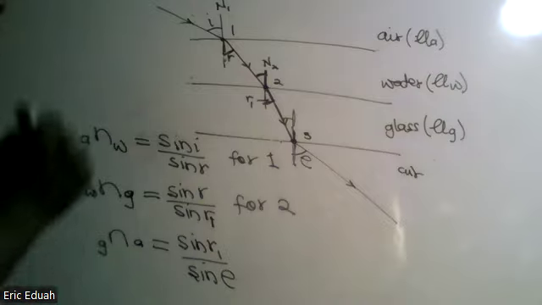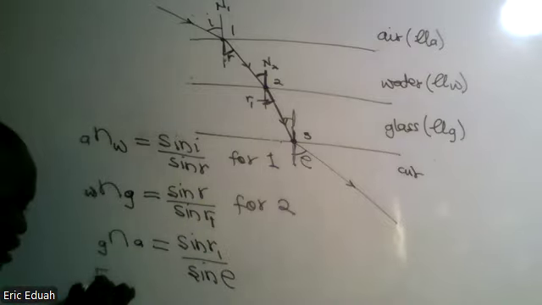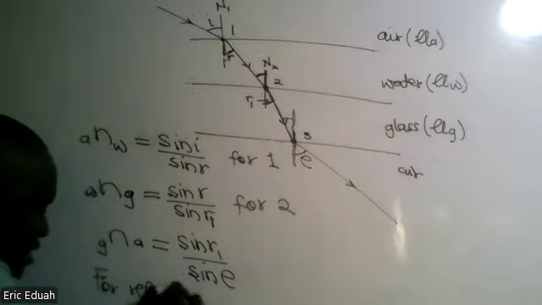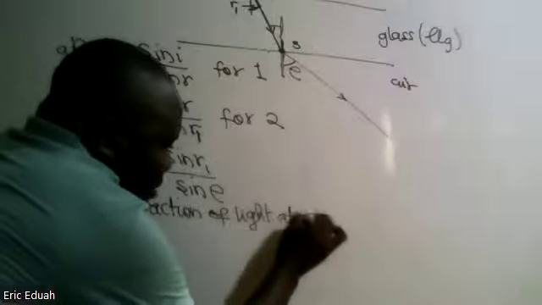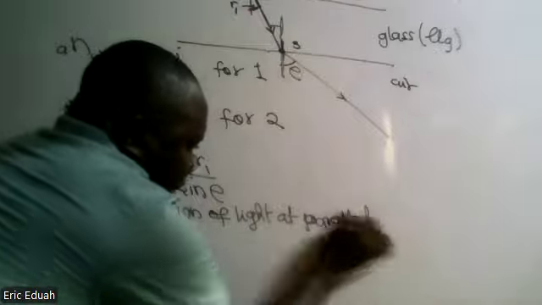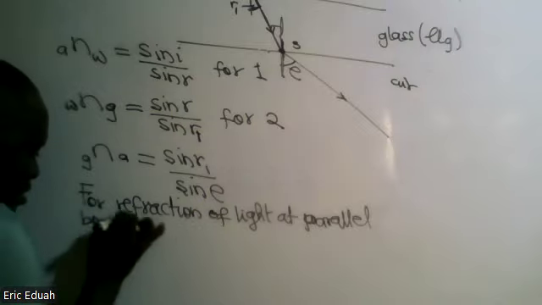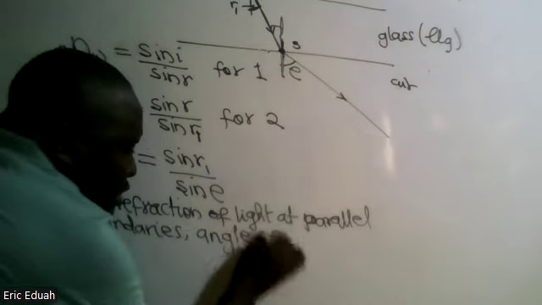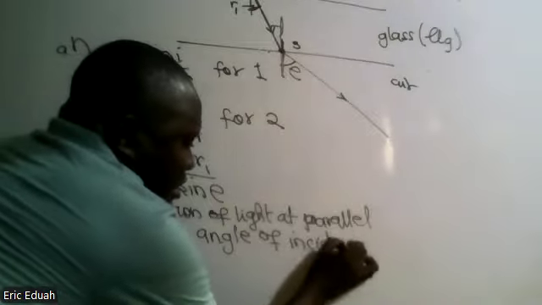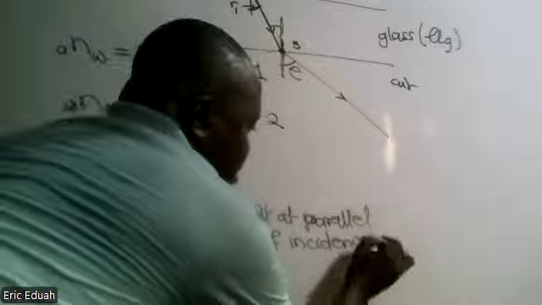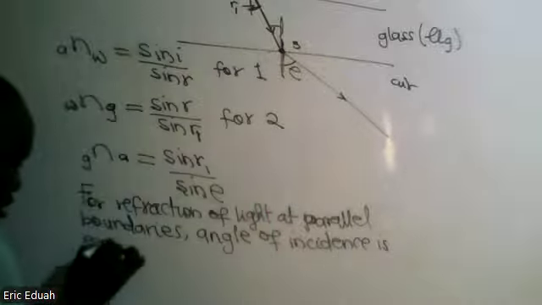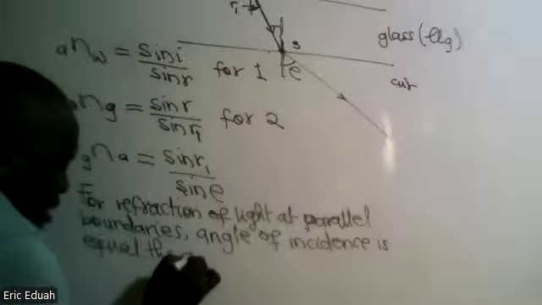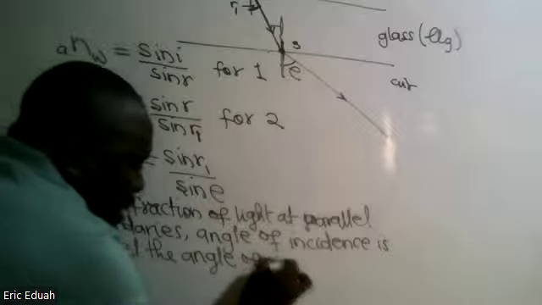For refraction of light at parallel boundaries, angle of incidence is equal to the angle of emergence.